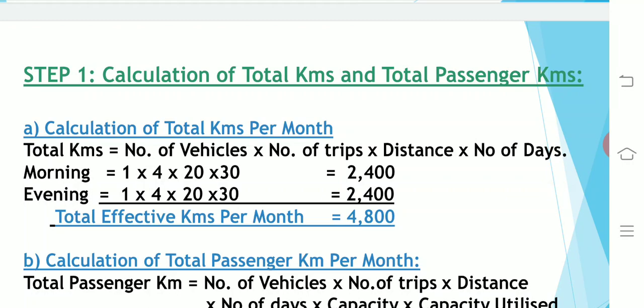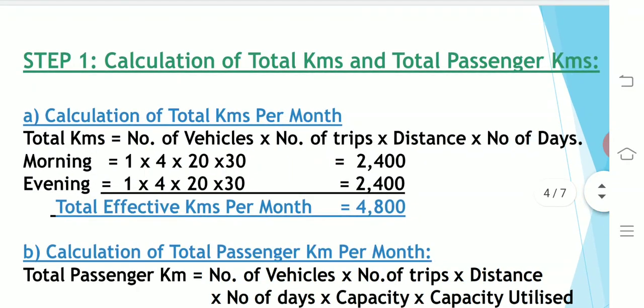So for morning trip, one vehicle, that is one tempo, into 4 trips into 20 kilometers into 30 days. For evening also one vehicle, 4 trips, 20 kilometers and 30 days. So 2400 and 2400, it will be 4800 total effective kilometers per month, equal to total kilometers, because there is no laying down of vehicle for repairs.